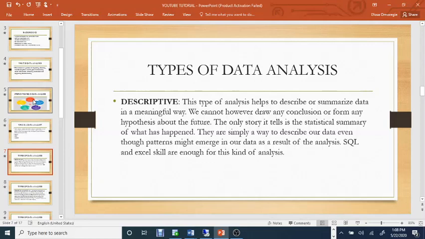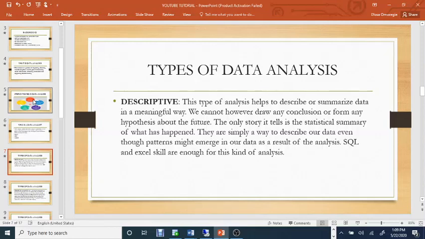Having known who you are as a data analyst and what data analysis is, it will also be good for you to know the types of data analysis that we have. Like I promised at the beginning of this tutorial, I'm going to try my best to make this an end-to-end training, so that for those who are interested in becoming a data analyst, you won't miss anything at all.